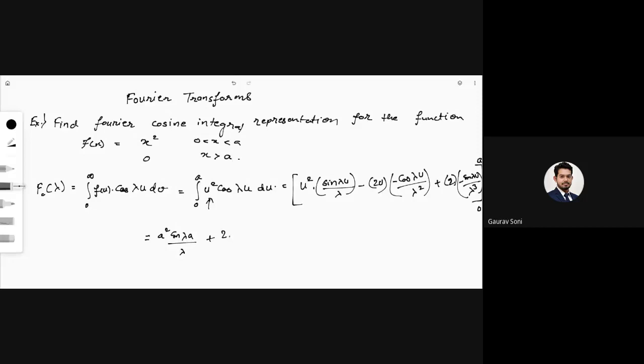Plus 2a cos lambda a by lambda square, minus 2 sin lambda a by lambda cube. To put 0, all three terms are 0. So this is our answer.